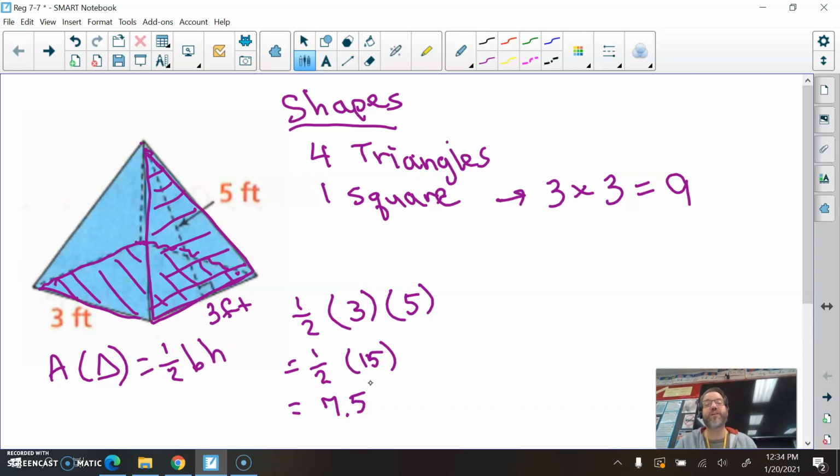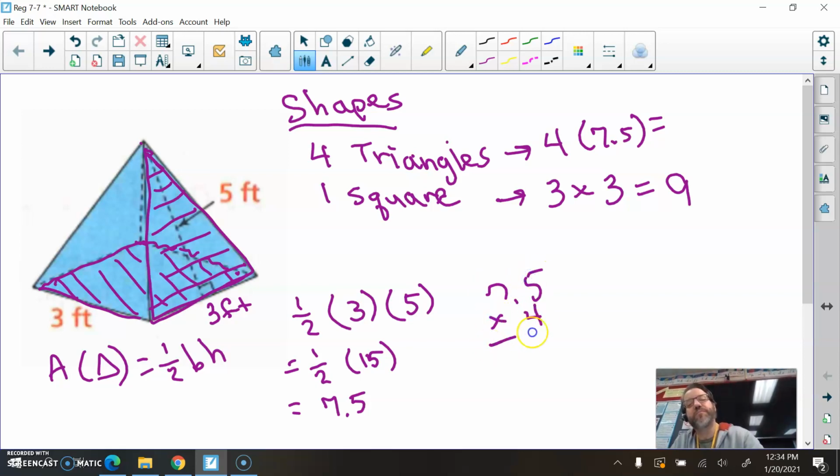You may use a calculator for this. So these four triangles are each 7.5 square feet, but there are four of them. So you could take 4 and multiply that by 7.5. And that'll give you the total area of those four triangles all together. So we'll take 7.5 times 4. You can use a calculator, but that comes out to exactly 30.